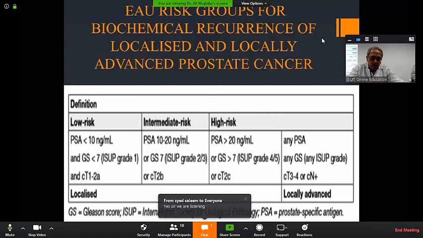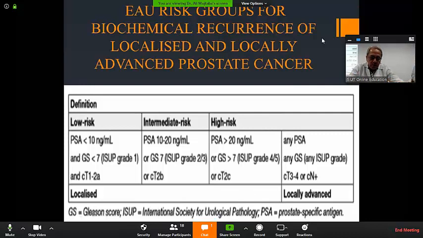Whenever you do a biopsy, it is done symmetrically on the two sides of the midline. For instance, biopsies 1 and 2 are at the base on the two sides of the midline. Biopsies 3 and 4 are in the middle of the prostate on the two sides of the midline. And biopsies 5 and 6 are at the apex. So these are 6 biopsies.